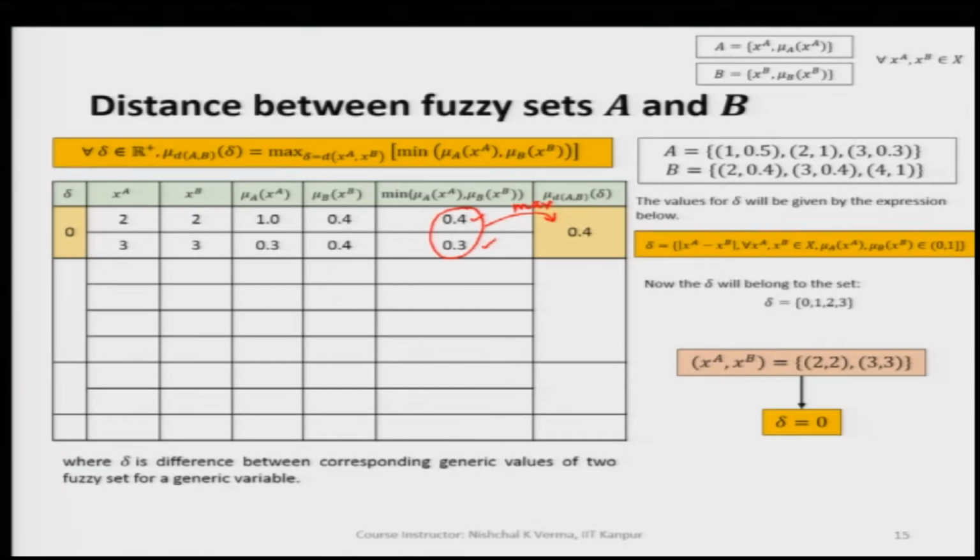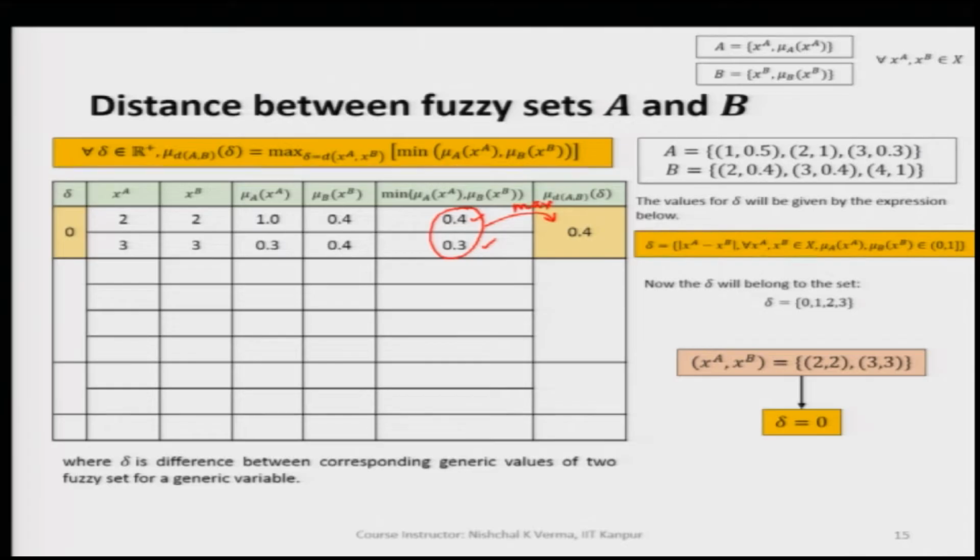When we found the minimum of mu A of x A and mu B of x B, with respect to the previous example, we found two values, which were 0.4 and 0.3. In the last column of this table, we had to take the maximum of these values.